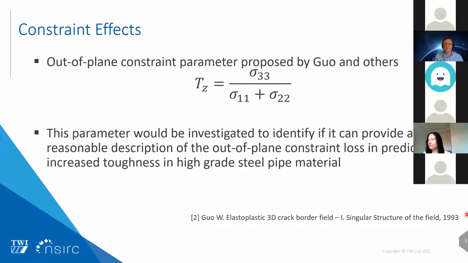As part of this project, apart from the T stress and the Q parameter, a third parameter, TZ, will also be computed in Abaqus for thickness effect to account for the out-of-plane constraint.